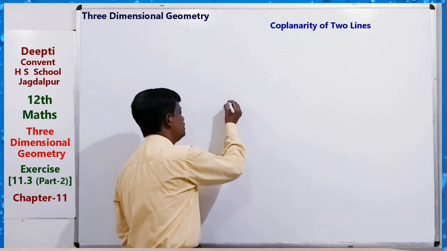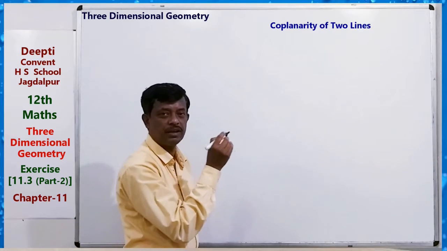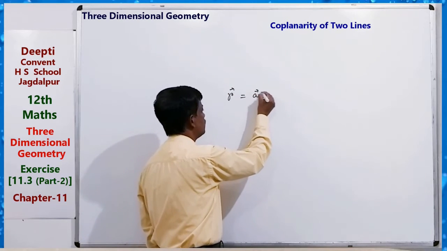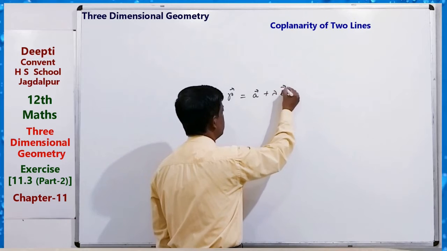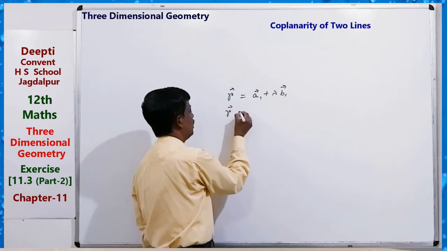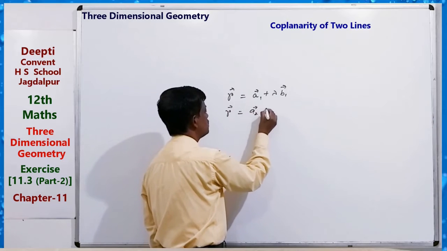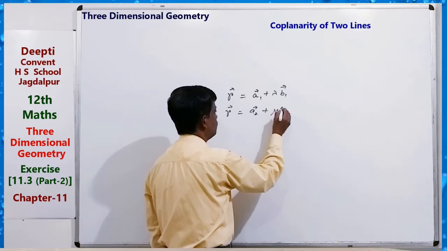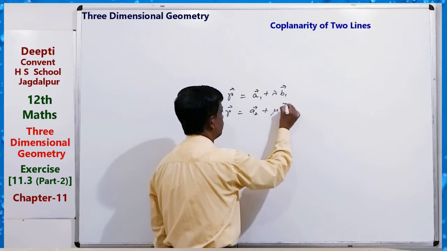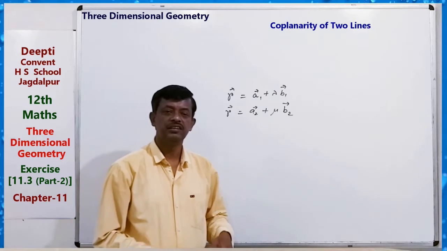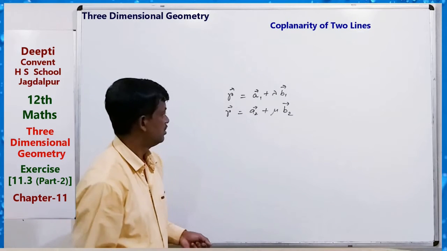Suppose the first line is given by the equation r equals a1 plus lambda b1, and the second line is r equals a2 plus mu b2. These are two lines in 3D space.